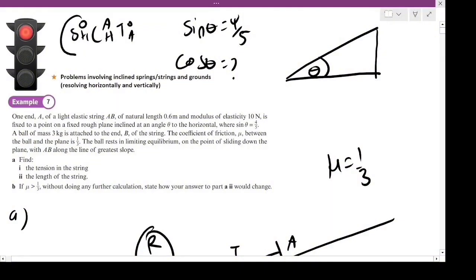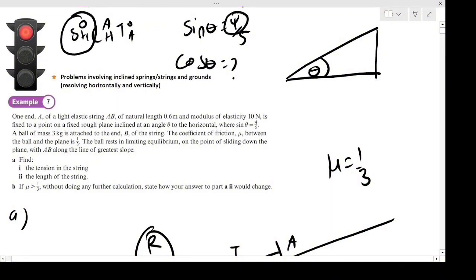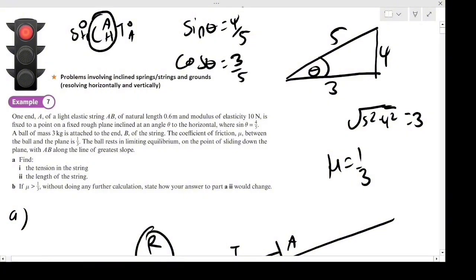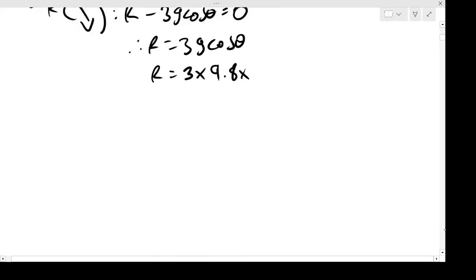This numerator 4 has to be the opposite, and the hypotenuse would be 5. Therefore we can deduce the adjacent side by Pythagoras: root of 5 squared take away 4 squared turns out to be 3. That's my adjacent side. So cos is adjacent over hypotenuse, 3 over 5. And there we are. So cos theta is 3/5.